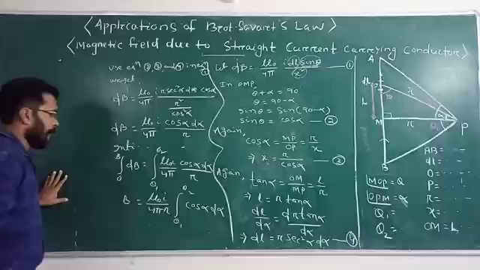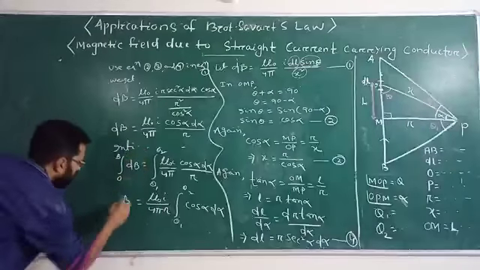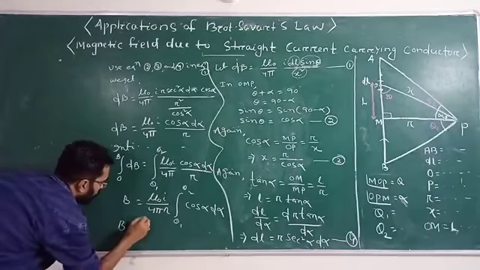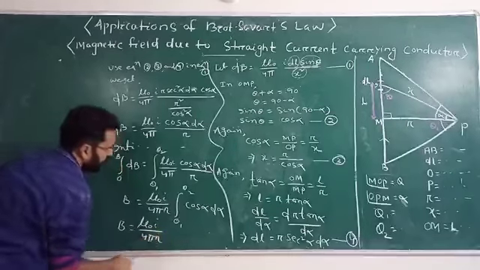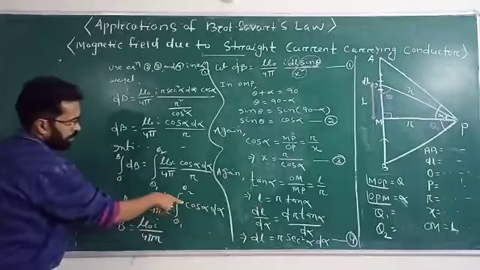Now B is equal to mu naught I upon 4 pi r. By integrating you get sin alpha.